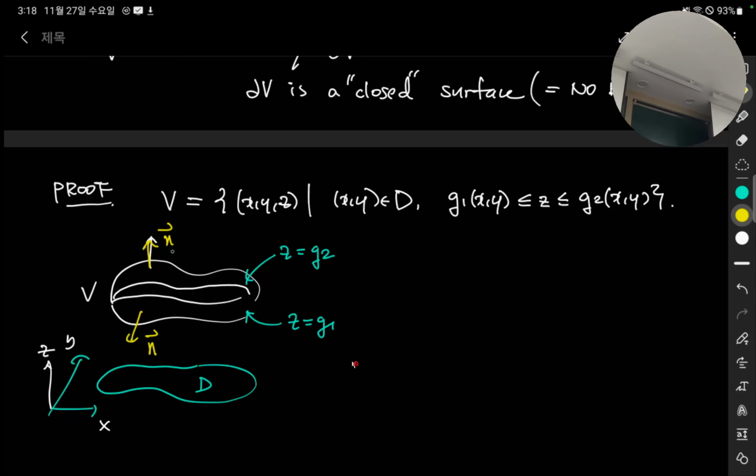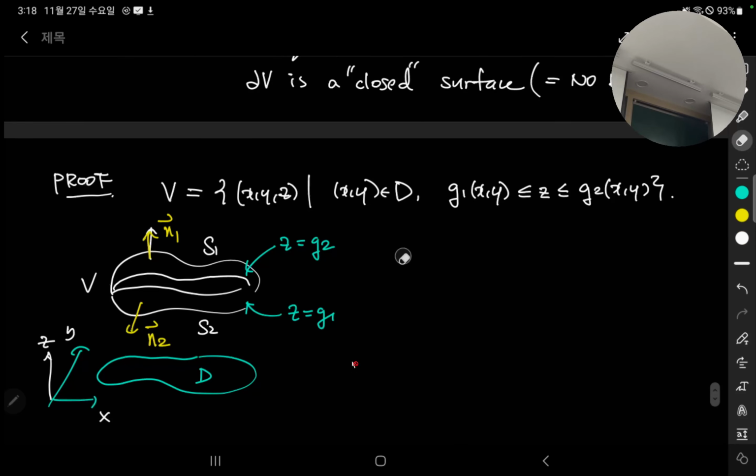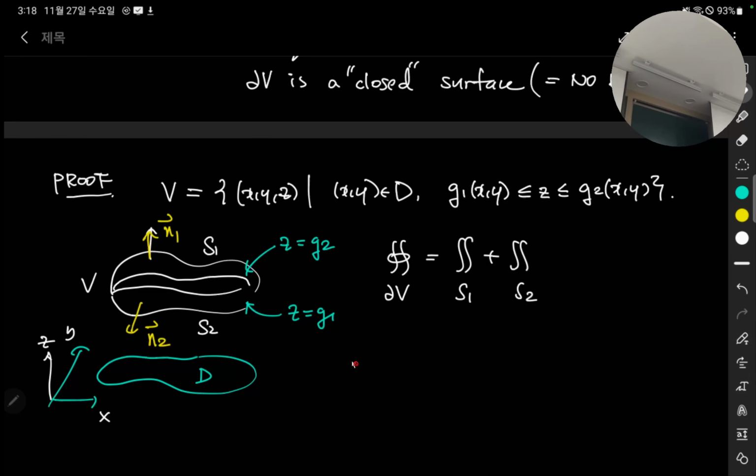I'm going to label it differently because I'm going to separate out these two surfaces. This is S1 and this is S2. I'm computing the right-hand side of the divergence theorem, so it is split into the S1 integration and the S2 integration. Let's talk about S1 first.